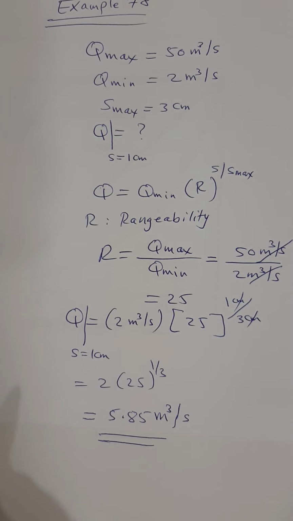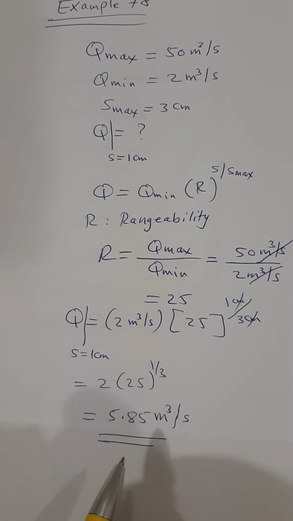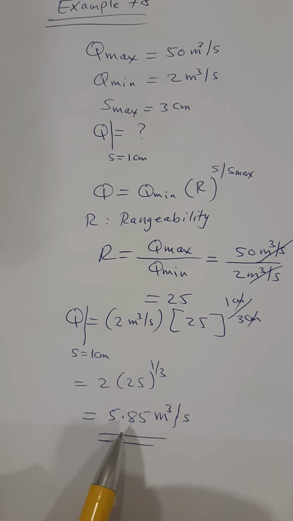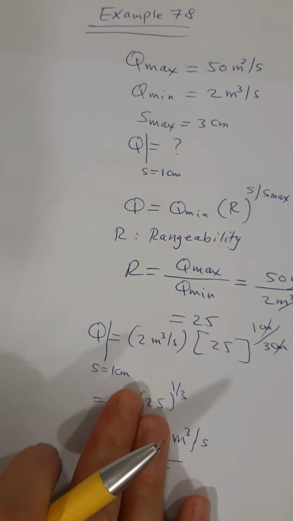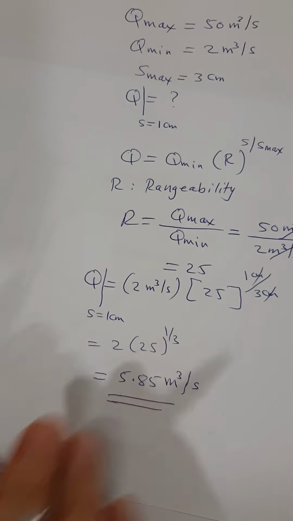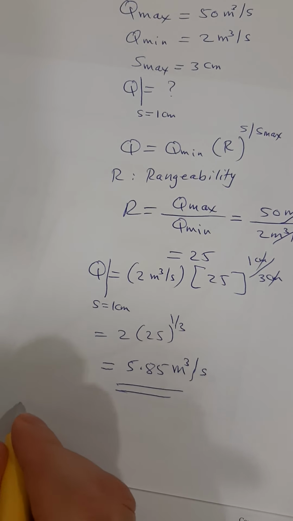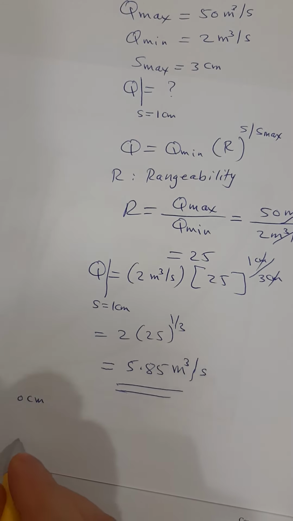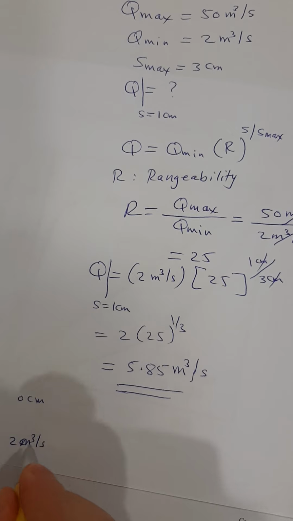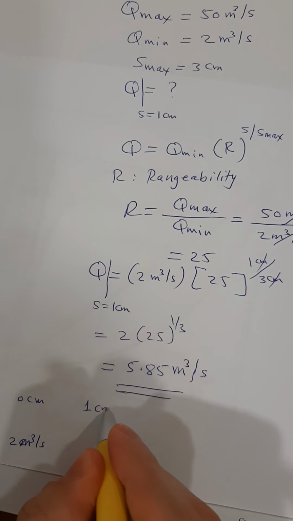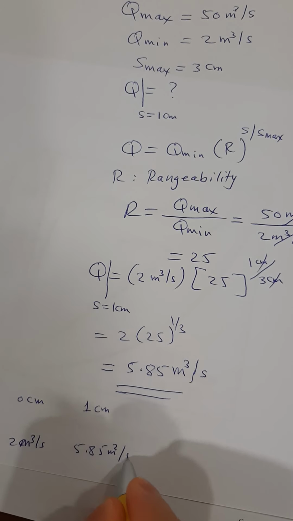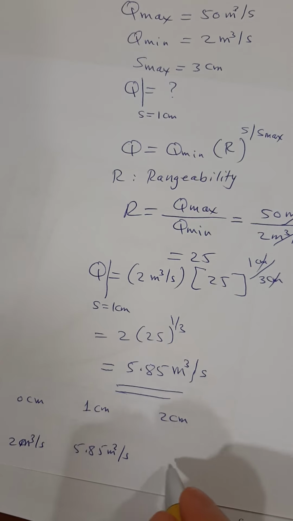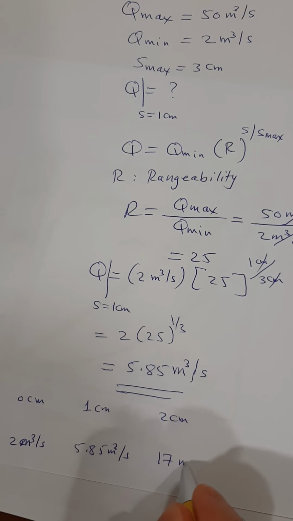And we can see, at 0 centimeter the flow was Q minimum, which is 2 meter cubed per second. When the stem is at 1 centimeter, we calculated it to be 5.85 meter cubed per second. At 2 centimeters, you can calculate it, it is around 17 meter cubed per second.